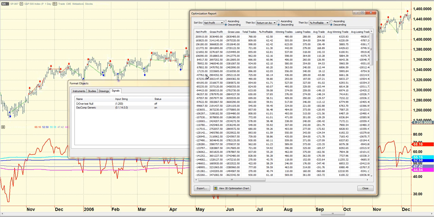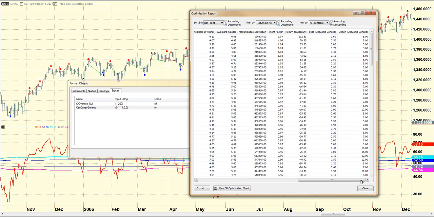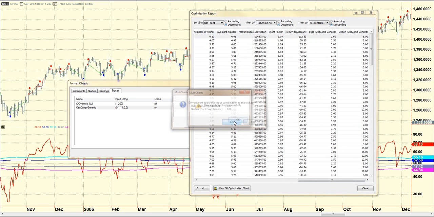Out of 160 iterations, it found about 10 that were profitable, 10 out of 160. And the favorite look-back period seems to be 5. So let's just look at a plot of the best solution.